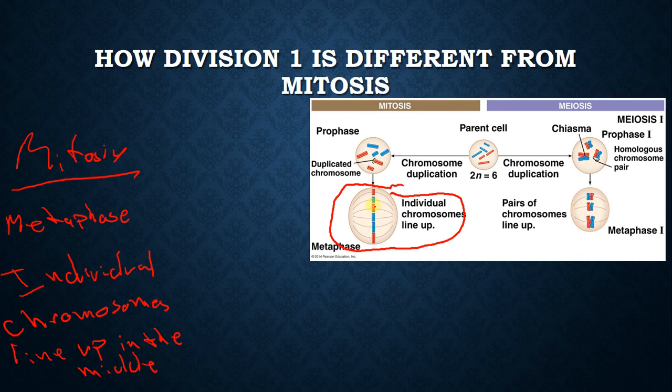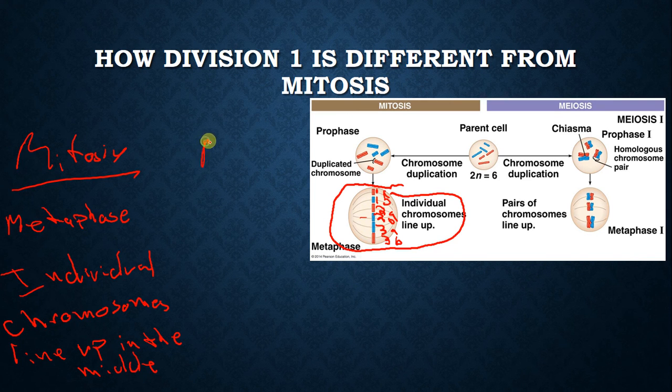Like this, each individual chromosome. So here's like 1A, 1B, 2A, 2B, 3A, 3B. So one sister chromatid of each of the 46 chromosomes is going to the other side. So each new cell after mitosis will have one chromosome of each of the 46.